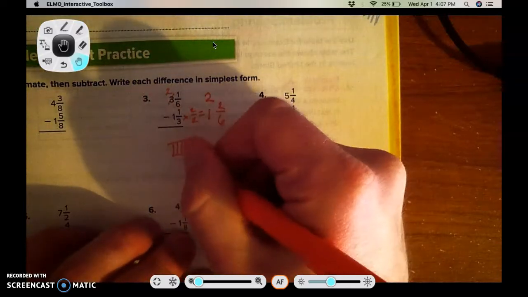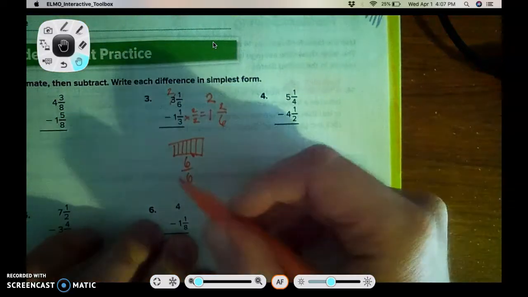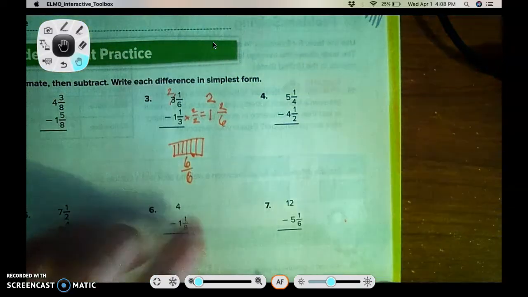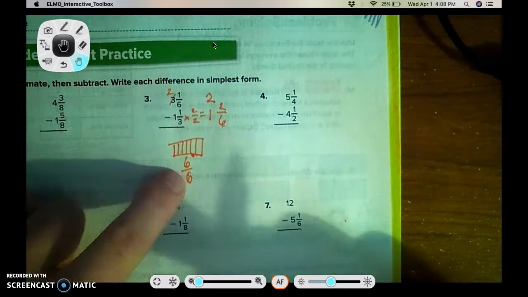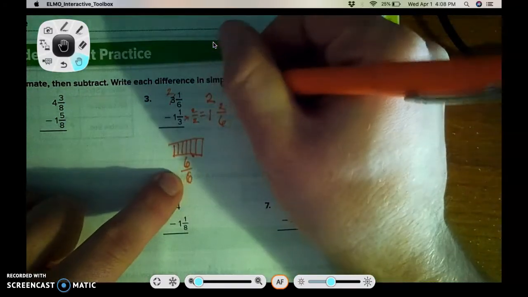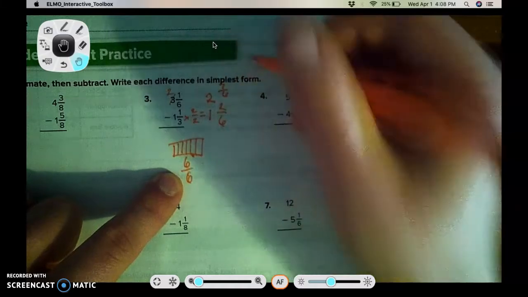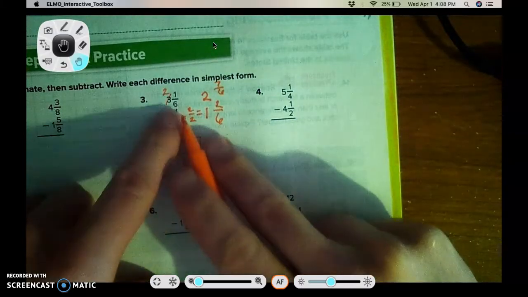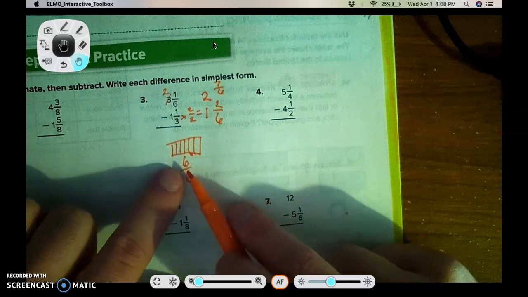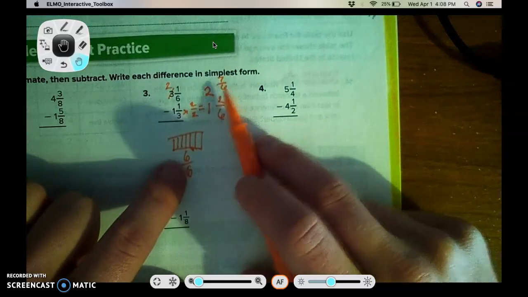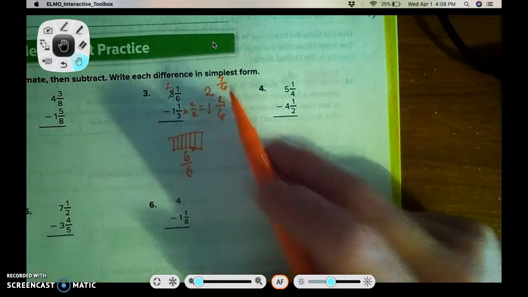So it's the same thing as 6/6. 6/6 is what we get for 1 whole. But we already had 1/6. So now we have 2 7/6. Okay, because we had 1/6 before, we regrouped. We took 1 whole and put it into 6/6, so we have a total now of 2 7/6.